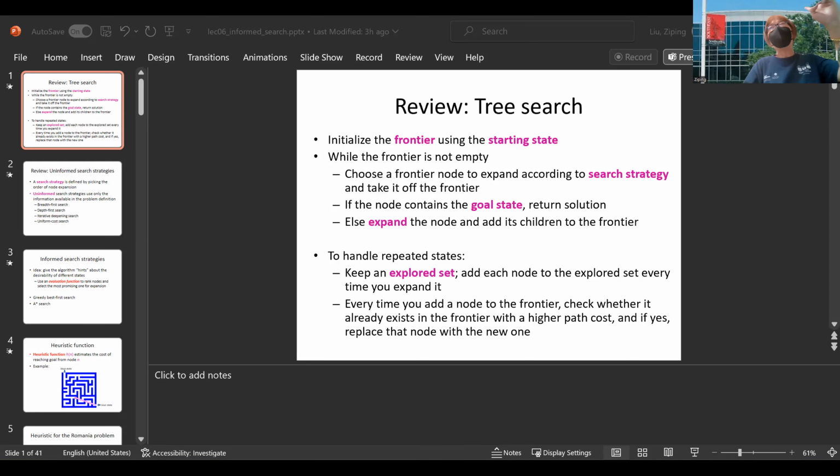So what is a heuristic function? The heuristic function h(n) estimates the cost to reach the goal from the current node. It's just an estimation. That's why we say it's a hint. It's not the real cost.